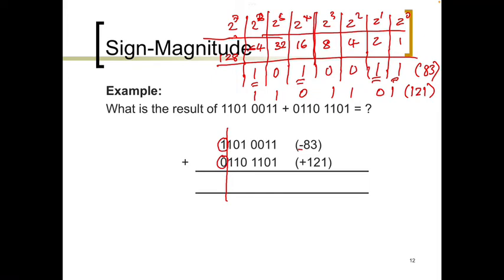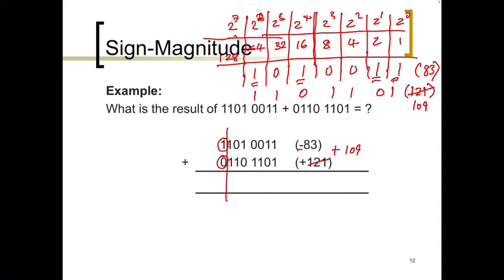So what happened right now? It is actually positive 109. Just make sure you correct it firstly, and then we do the operation.